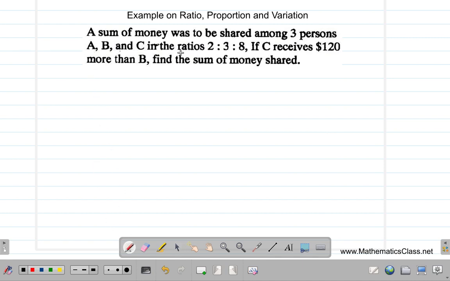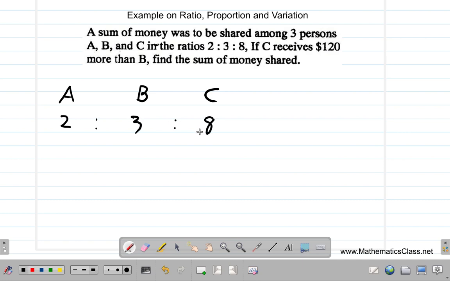A sum of money was to be shared among 3 persons, A, B, and C, in the ratio 2 to 3 to 8. If C receives $120 more than B, find the sum of money shared. A, B, and C receive in the ratio 2 to 3 to 8.